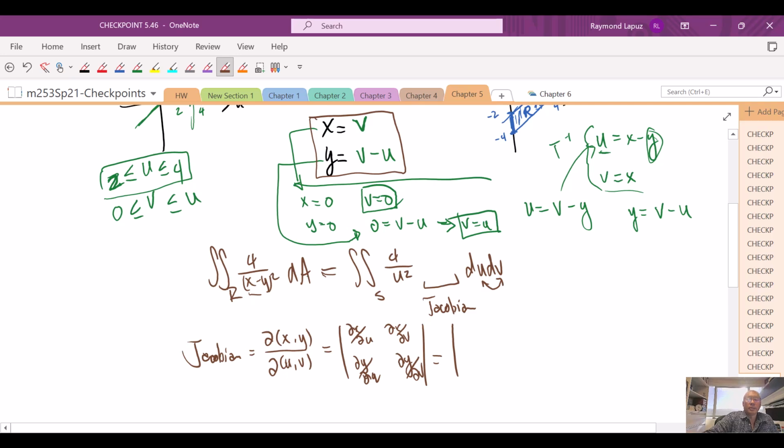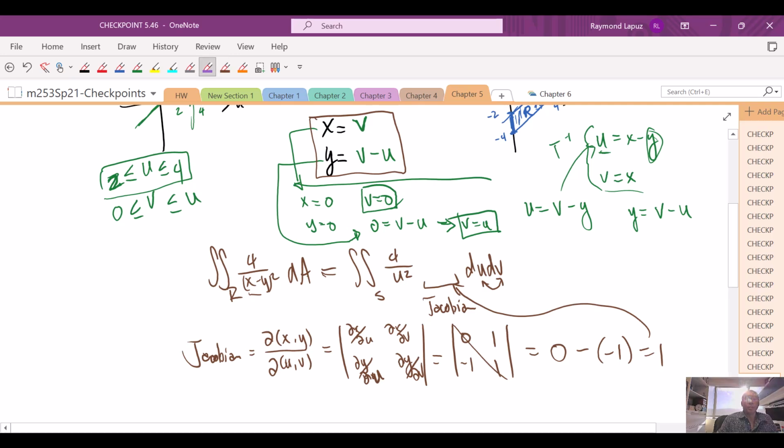And that is going to be the derivative of x with respect to u is 0. There's no u's in there. Derivative of x with respect to v is 1. The derivative of y with respect to u, this is a u, and that's -1. And then the derivative of y with respect to v is +1. And the determinant is going to be 0 minus -1. So that's just going to be 1.